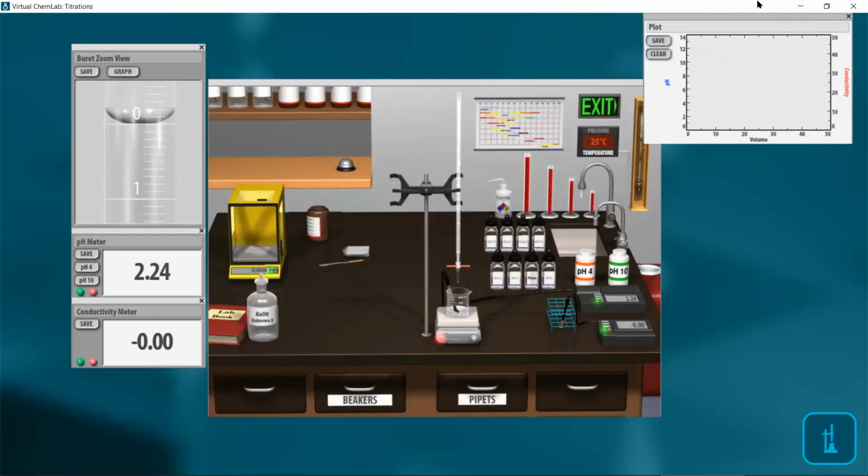Now I'm going to move this over here. And that's a graph of your pH meter showing you the pH. And when it zooms up, you know you finished it. But a better way is watch the bottom of the beaker. And what you do is, first of all, record the volume. I'm at 0.00 milliliters.